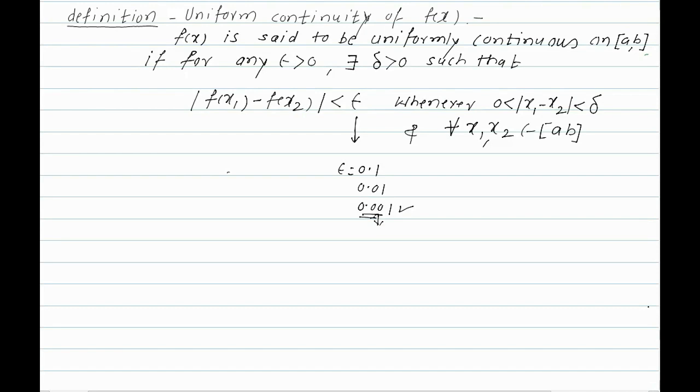So selecting smaller and smaller values of epsilon means two values of the function becomes approximately same whenever distance between x1 and x2 is less than delta. In that case, these two values become approximately same.